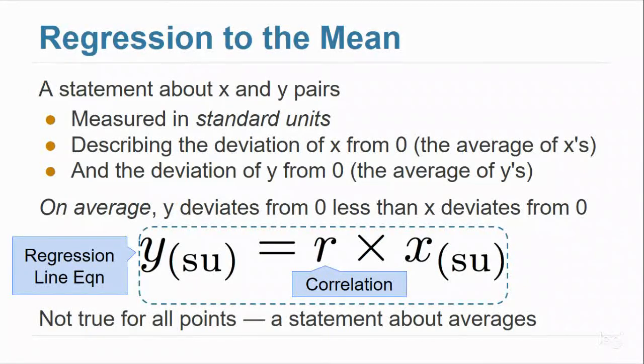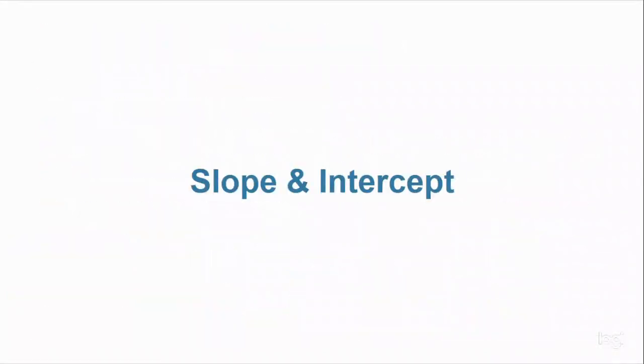It's y equals r times x, where y and x are both measured in standard units. Of course, this is not true for every point in our data set. It's really the equation for the line that best fits our data, and we'll explain what that means in a moment.